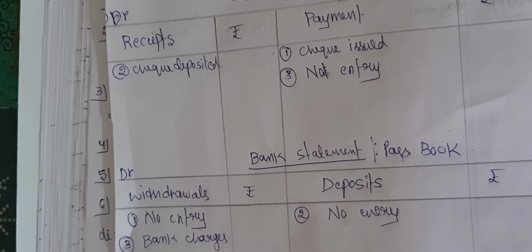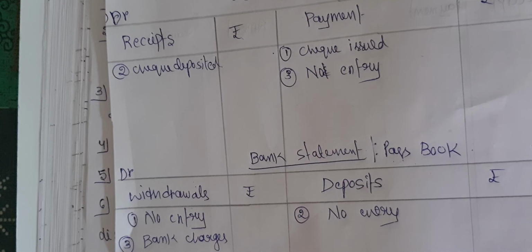Because the business is not aware of this transaction, there is no change in the balance of the cash book. But in the passbook, they deducted the bank charges, means there is a change in the balance of the passbook.